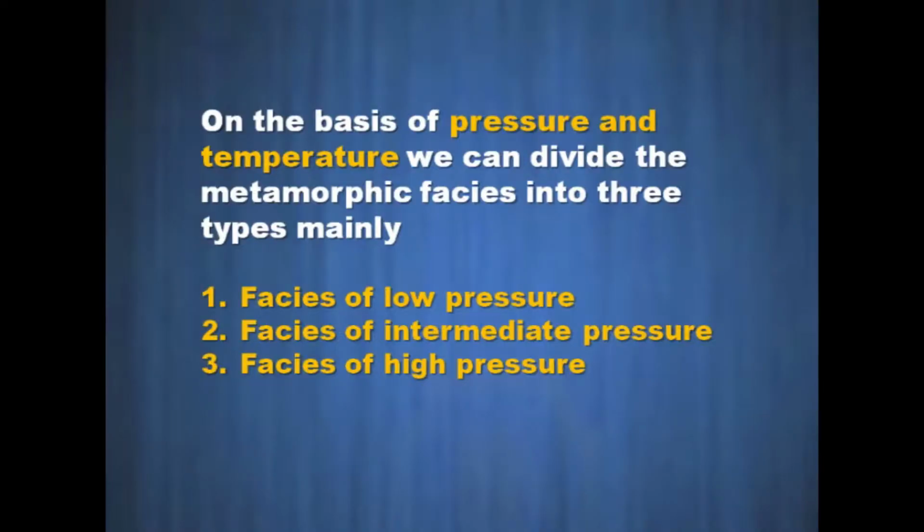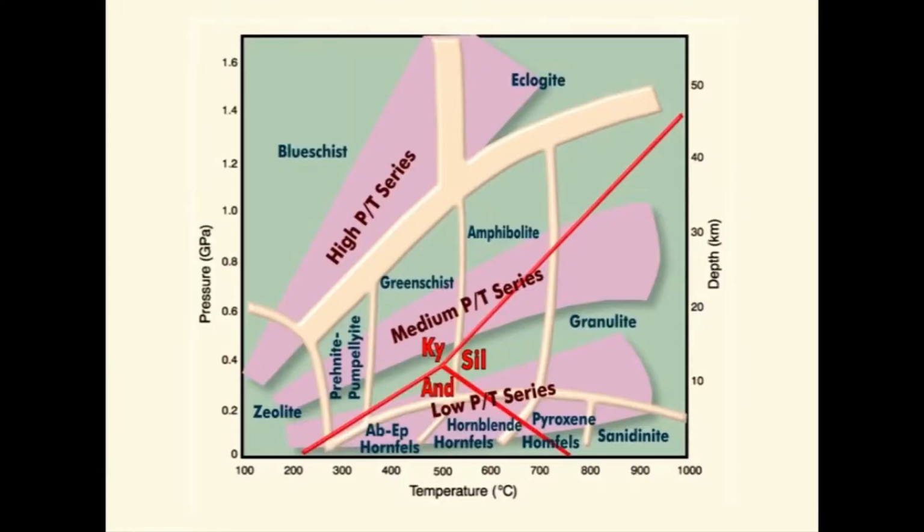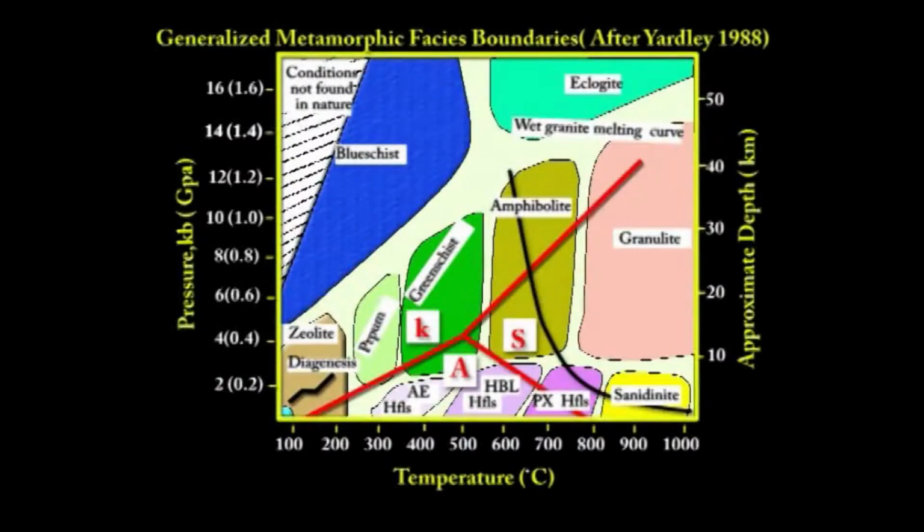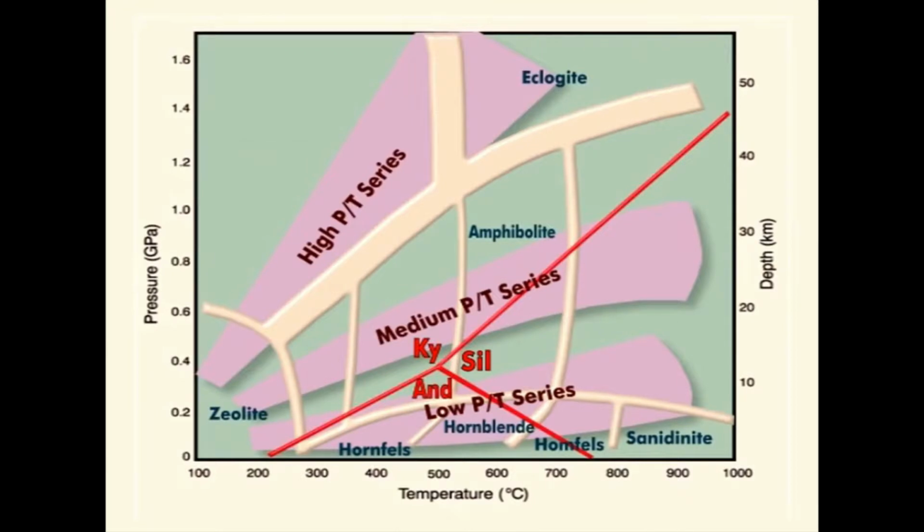Introduction. On the basis of pressure and temperature, we can divide the metamorphic facies into three types, mainly facies of low pressure, facies of intermediate pressure and facies of high pressure. Miyashiro originally recognized three different facies series. First, a zeolite, prehnite-pumpellyite, blueschist, eclogite type.